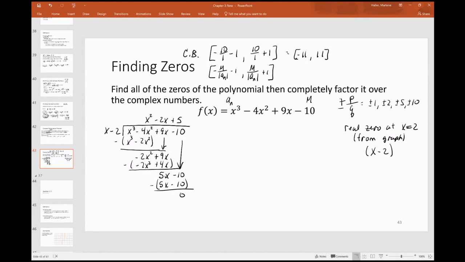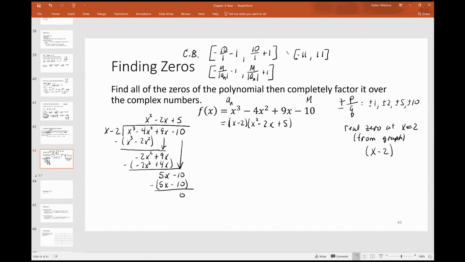So now we have f of x in a partially factored form. It's x minus 2 times x squared minus 2x plus 5. And so we have to find the remaining zeros. We're going to have to continue to factor or solve x squared minus 2x plus 5, that remaining factor.